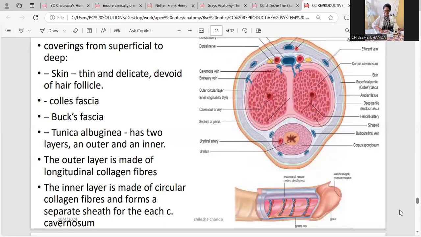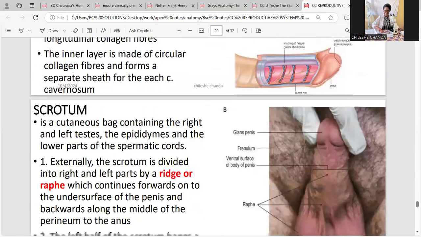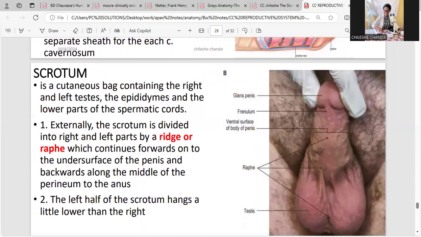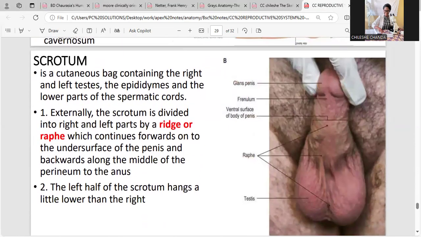The outer layer is made up of longitudinal collagen fibers, and the inner layer is made up of circular collagen fibers. That is it about the penis.